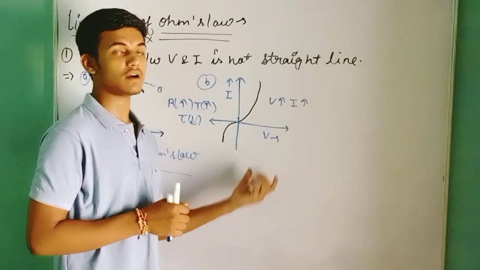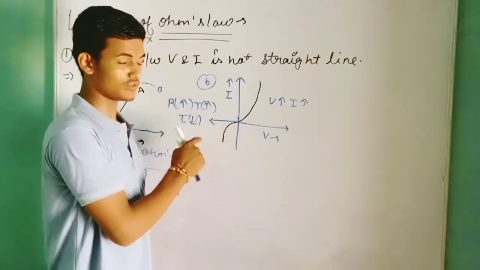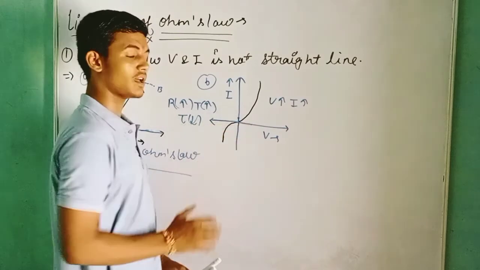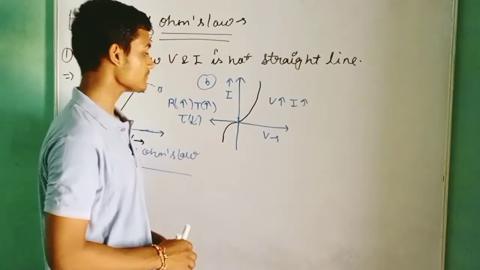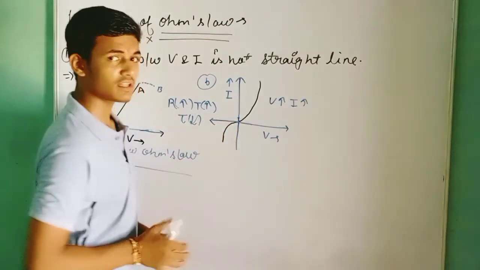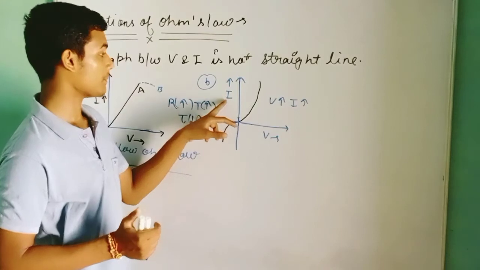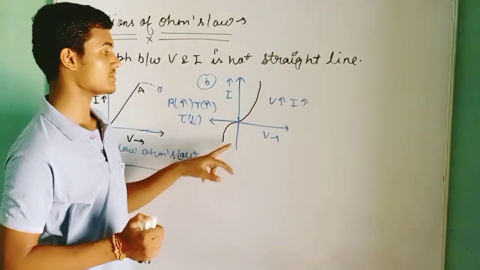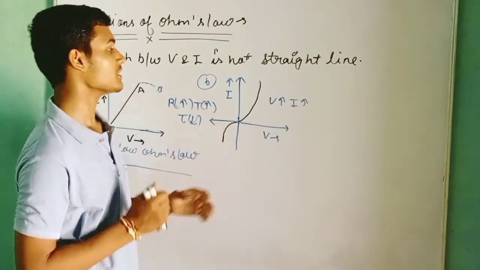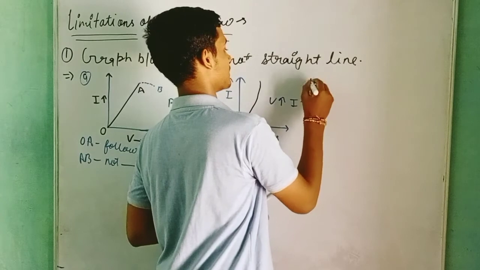When we change the direction of V, then the value of I also changes here. Here it is in the downward direction, so the amount of I changes with the change in direction, that does not follow Ohm's law, and the graph between V and I is not a straight line. So that is the second limitation.